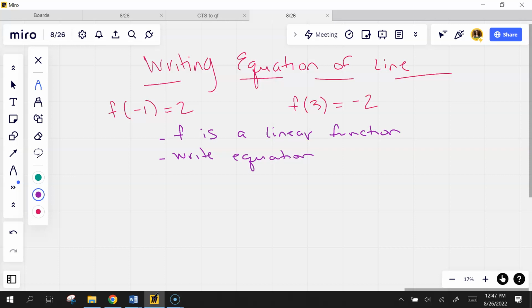What do I need to write the equation of a linear function? An m, and m is what? Slope. What else do I need to write the equation of the line? Not necessarily. It could be, but we need a slope.